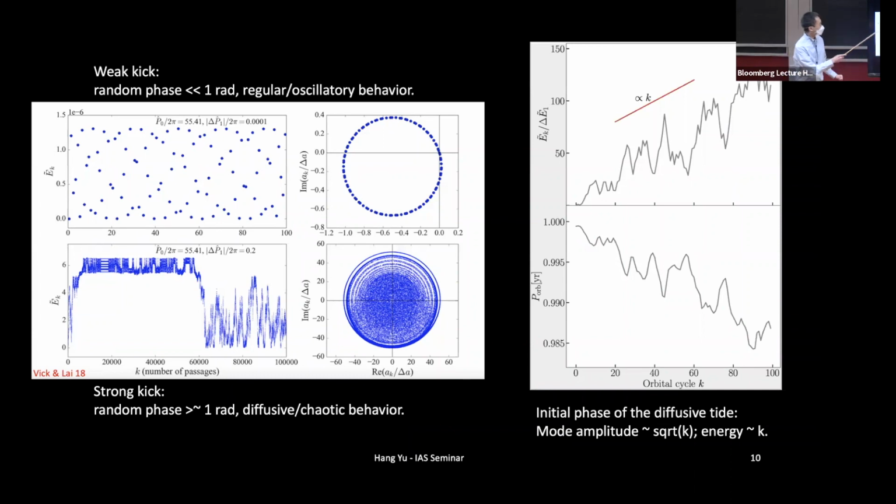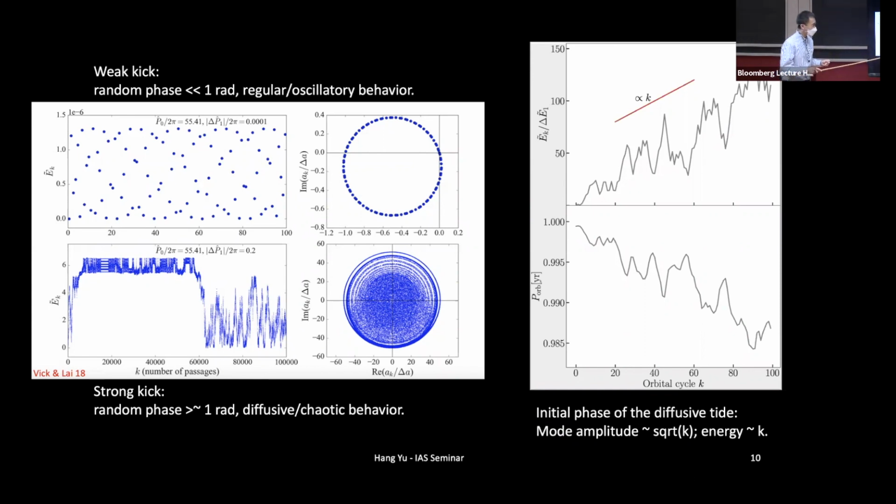And then under this weak kick limit, in the phase space, the complex mode amplitude basically forms a closed trajectory. So if the 1 kick energy is small, the mode energy will stay small throughout the evolution. And this way, the tidal interaction typically won't be very efficient.